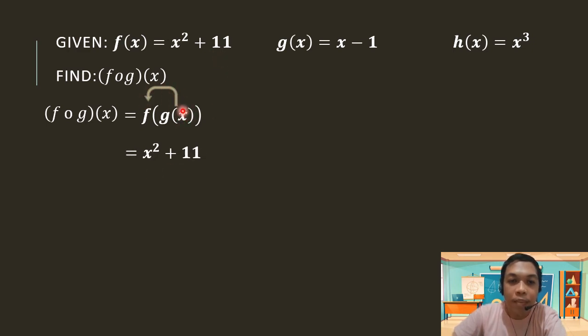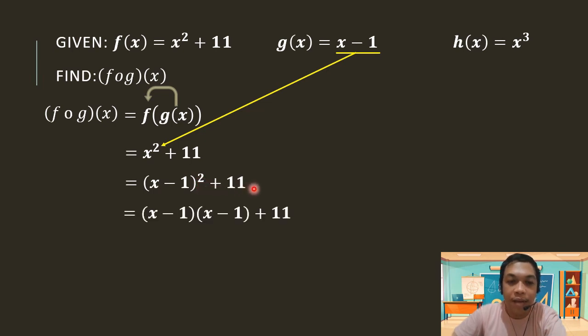Here, our tip is that the innermost term is substituted into the next term. So, we have g of x, that is x minus 1, and we substitute it into the variable x of our f of x. It will become the quantity x minus 1 squared plus 11.